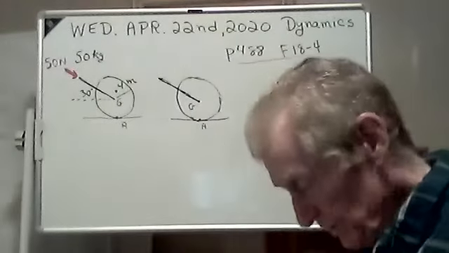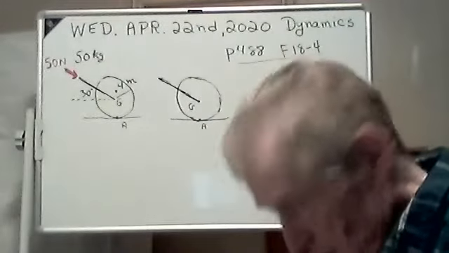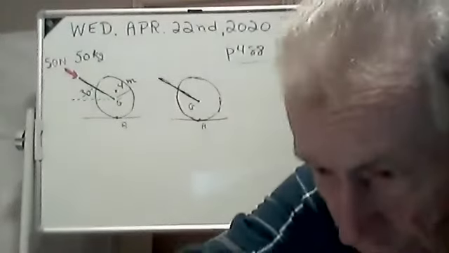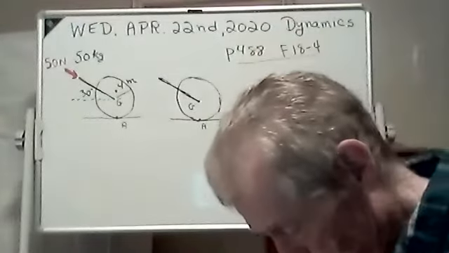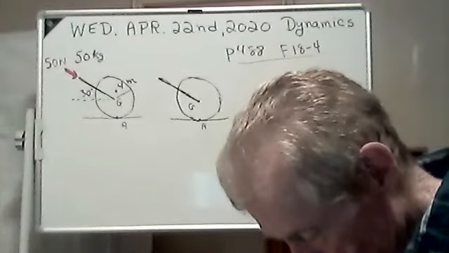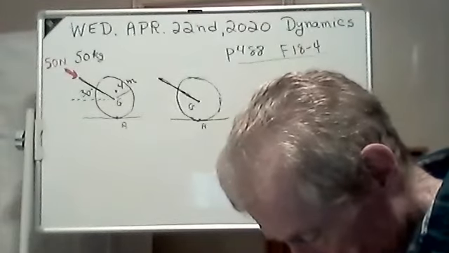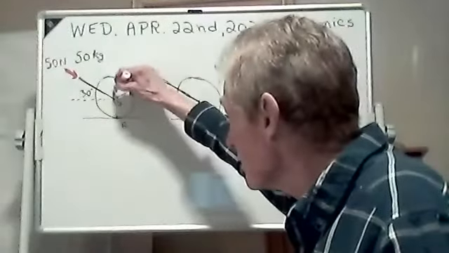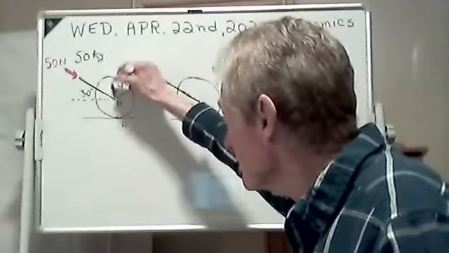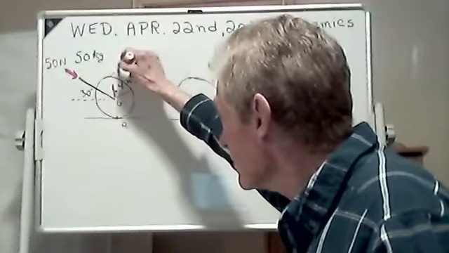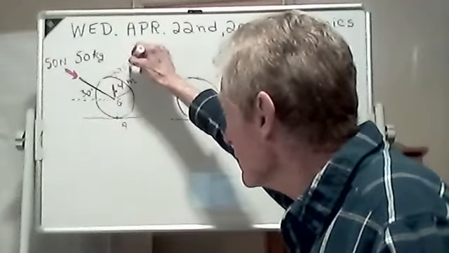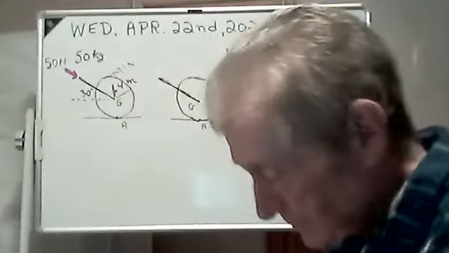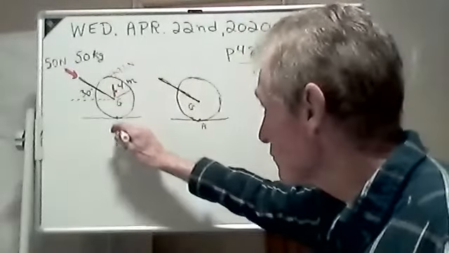What's 50 times 9.81? Let me see if this other calculator is working now. Yeah, that's working. This is 491 newtons. But you'll have a force here. But you know what?